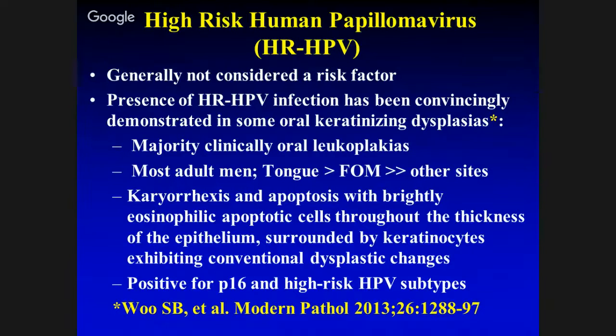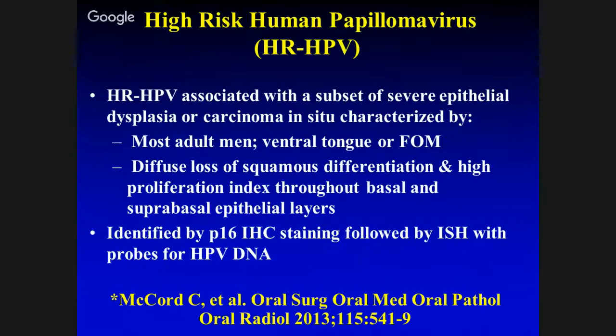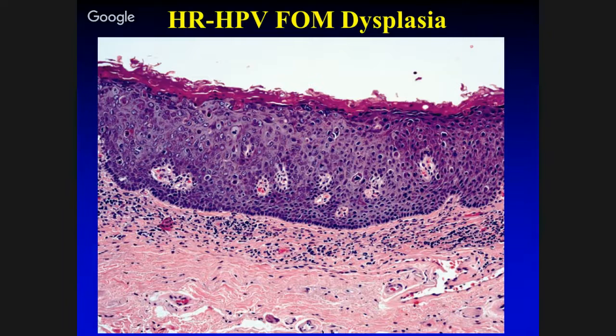It's been published that there is a specific oral cavity related dysplasia that morphologically is a little bit different than what I've been showing, that has recently been shown in this publication in 2013 and in this other 2013 publication to be not only P16 positive, but molecular PCR and in situ. What does that mean? We don't know, but now we've recognized it, and this is that oral cavity.